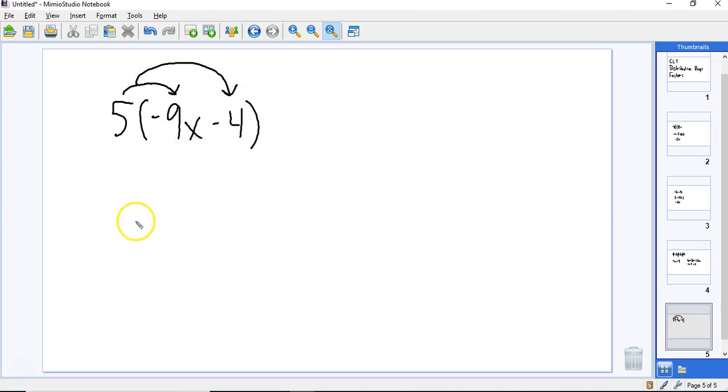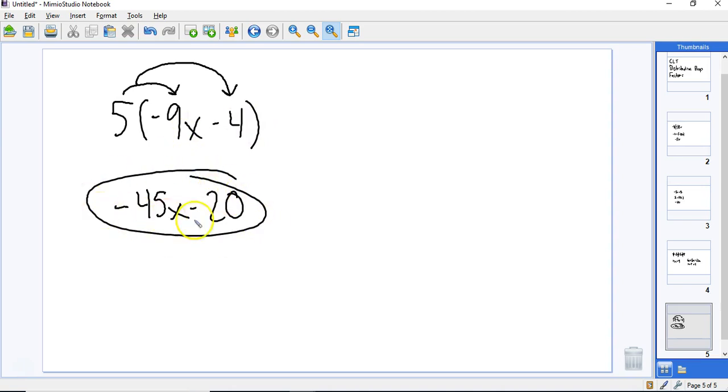So I get 5 times negative 9, which is negative 45. The x comes along. And then 5 times negative 4 is negative 20. So you read it as negative 45x minus 20, but you count it as a negative 4. Perfect. This is your answer. You're done. There are no like terms, so you cannot combine like terms to make this any smaller.